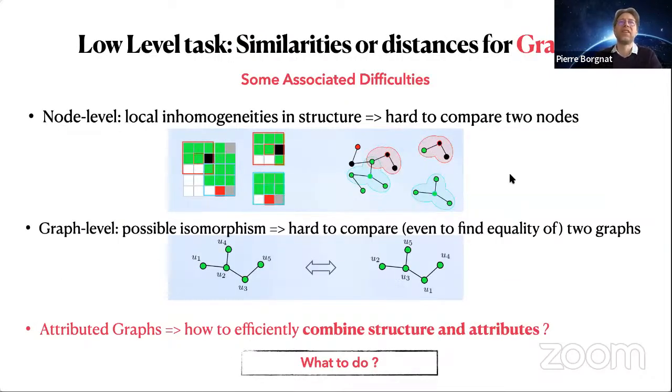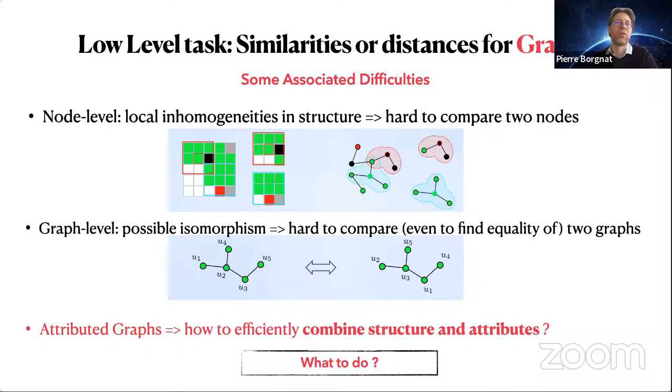There are some associated difficulties, as we know, at the level of nodes. The structure is inhomogeneous, so it's hard to compare two nodes. We have ways to compare two nodes, but the importance of this work in representation learning of graphs is to know how to compare the nodes.